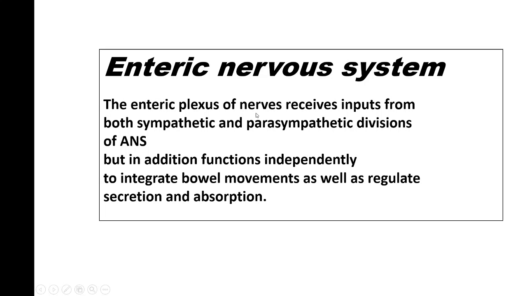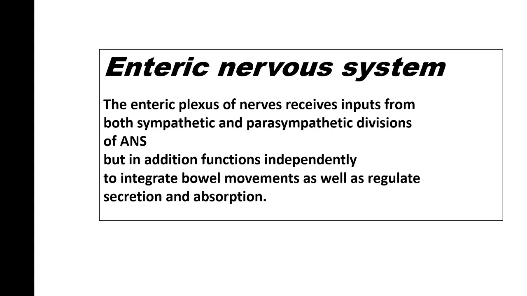The enteric plexus of nerves receives input from both sympathetic and parasympathetic, and additionally it functions independently. It has its own reflexes. The whole function of the enteric nervous system is to regulate bowel movement, GIT secretion and absorption. So this is otherwise known as the gut brain.